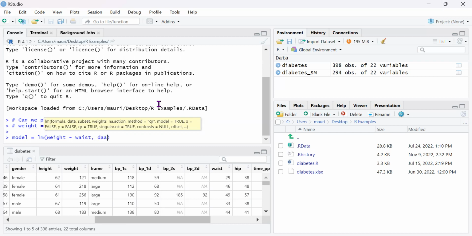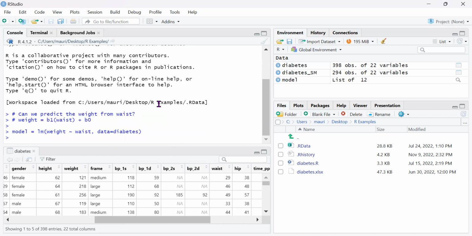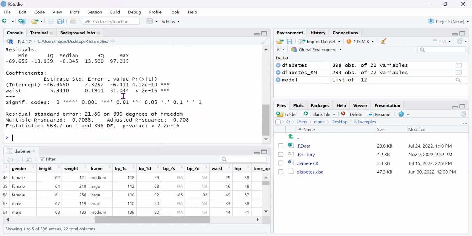The data equals diabetes. Okay, that's it. This is how you construct the model. It is a simple linear regression because it's essentially y equals mx plus c. It's just a straight line. So we do a summary of the model and we see, does it work?